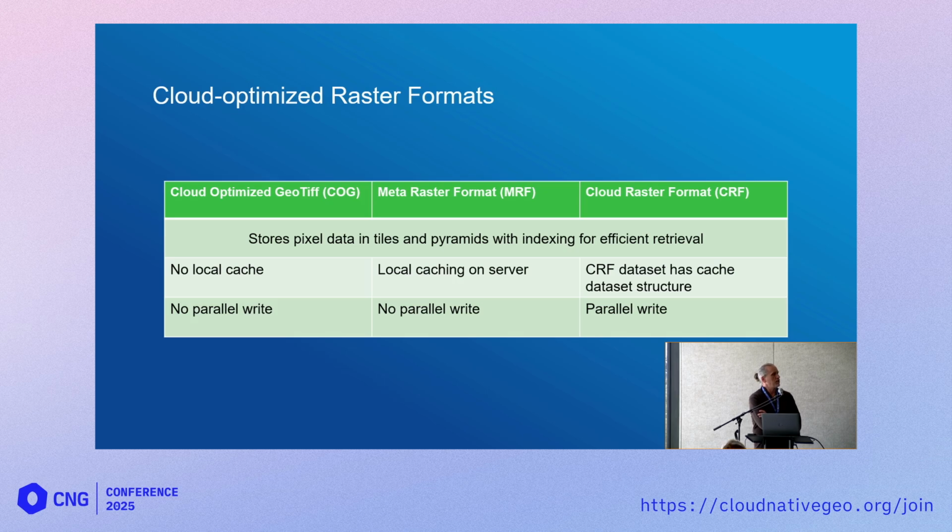But we help them understand the decisions that they're about to make before they dive into optimization. One of the notable things here is CRF allows a parallel write. So it is a cached structure. It's not one file, but that facilitates having many workers contributing to a massive production at the same time.